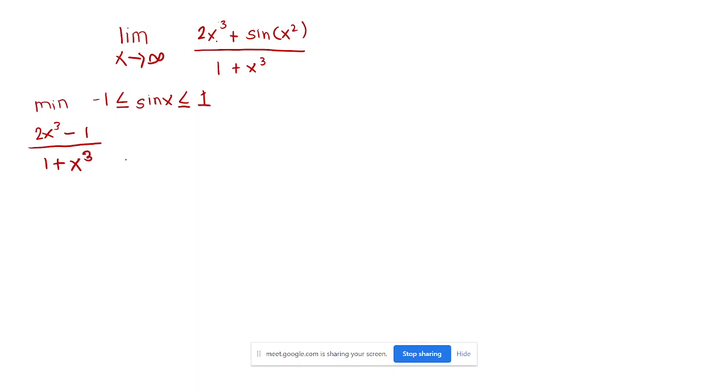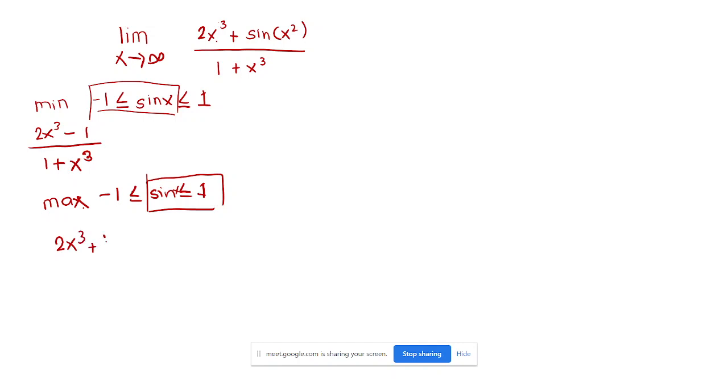How about the maximum? Ito yung kanina in-utilize natin: 2x cubed plus 1 over 1 plus x cubed. Basta makuha nyo itong min and max, we already have our function.